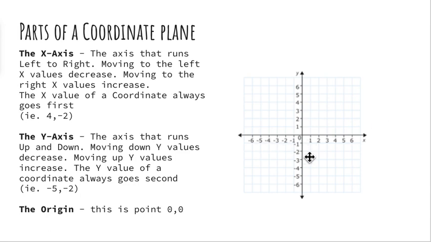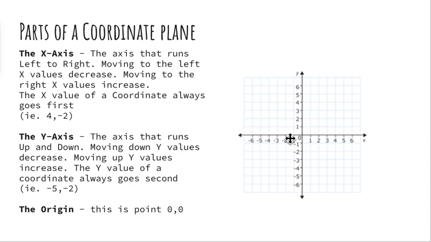Basically, it is a plane made up of two lines, what we call two axes, however you want to pronounce it. We're going to look first at the x-axis. Then we're going to learn what the y-axis is, and then finally I'm going to teach you a point called the origin. Let's start with the x-axis.